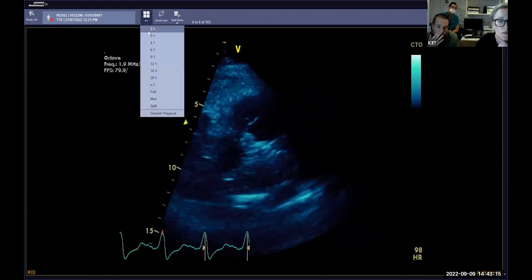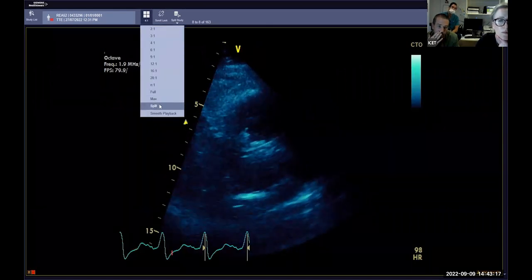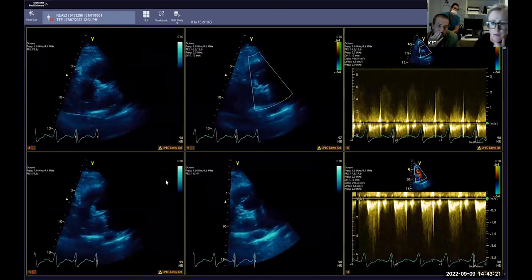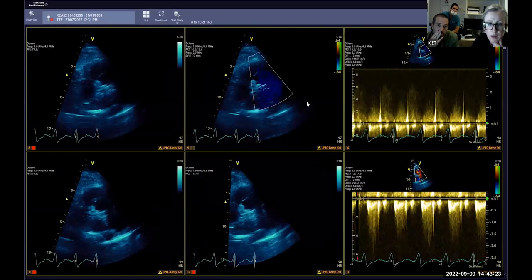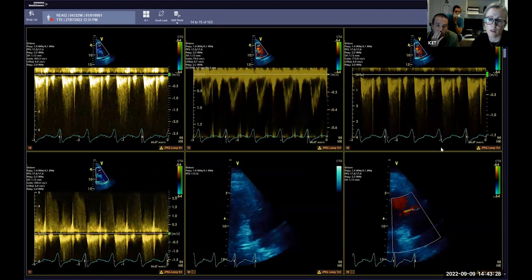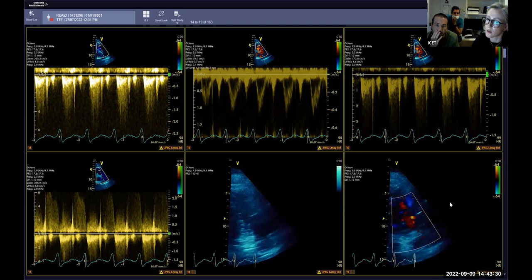So I like to see my gradient through the valve, not velocity, I want my mean gradients. I want to see how big my left atrium is. I want to see what my pulmonary veins are doing. I want to see what my tricuspid valve is doing and my right-sided heart pressures.